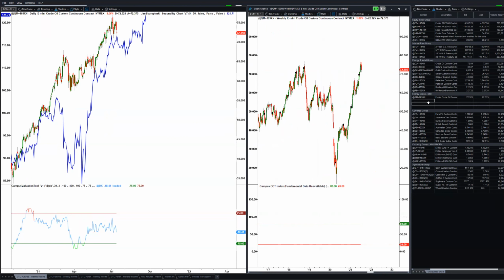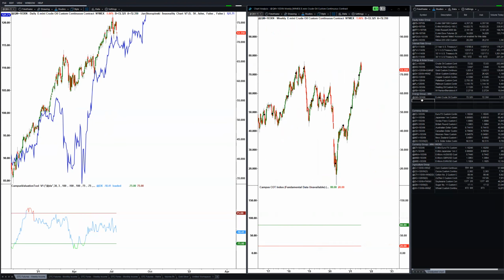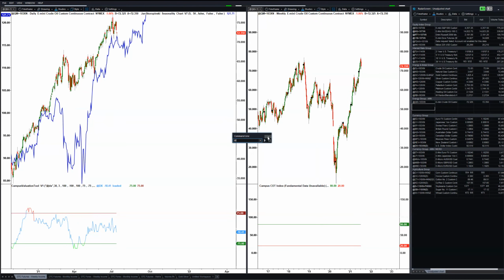QN. So at QN equals, for natural gas, 103XN.